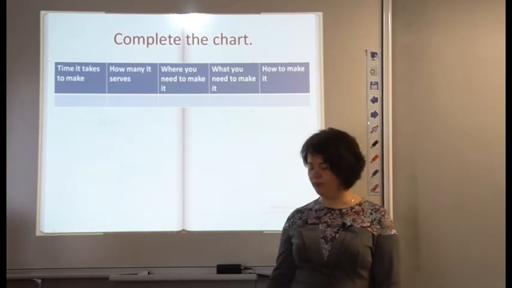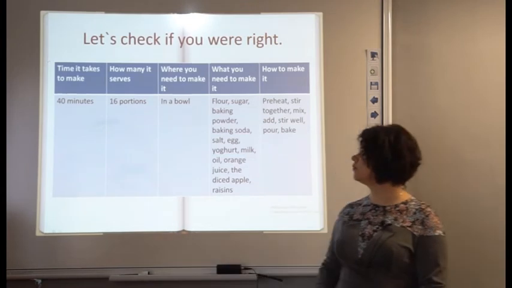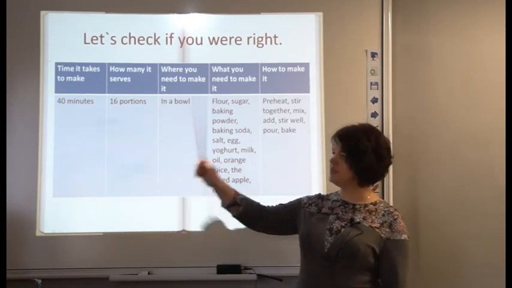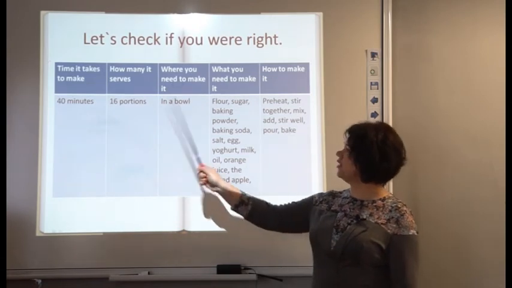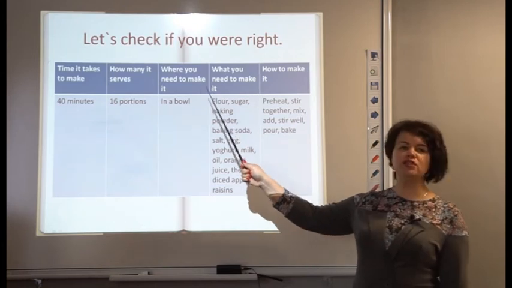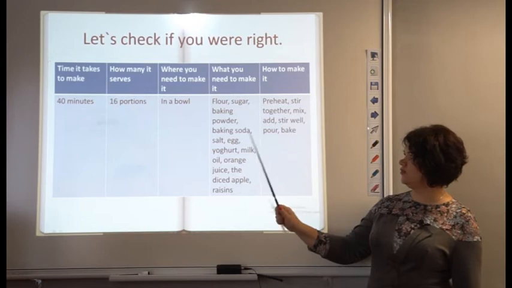Now you have a few minutes to do the task. Now your time is up. Let's check if you were right. Time it takes to make 4 minutes. How many it serves? 16 portions. Where you need to make it? In a bowl. What you need to make it?